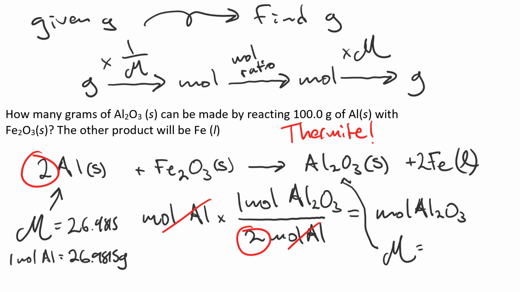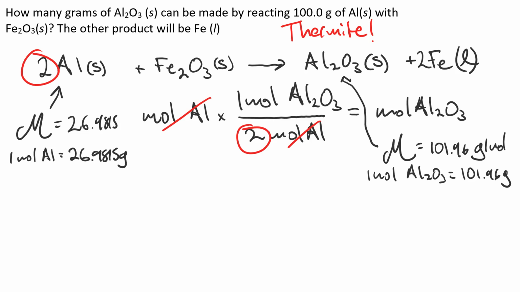And if you multiply 2 times 26.9815 for the 2 aluminums plus 3 times 15.999 for the 3 oxygens, you get 101.96 grams per mole, which means that 1 mole of Al2O3 equals 101.96 grams.